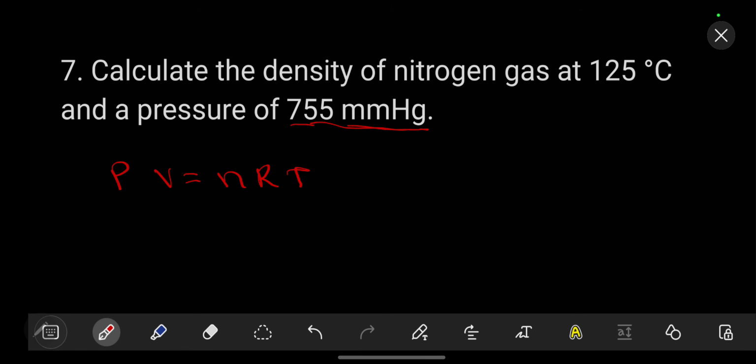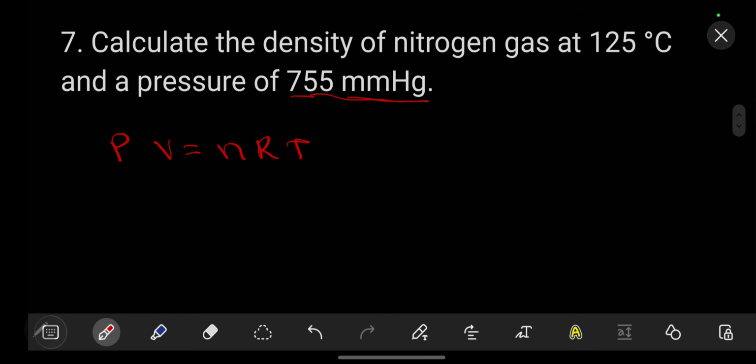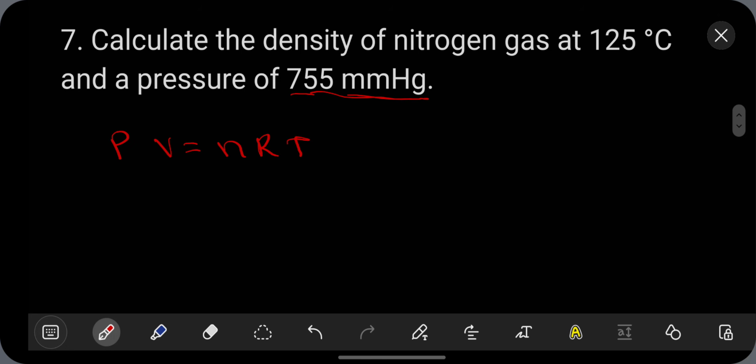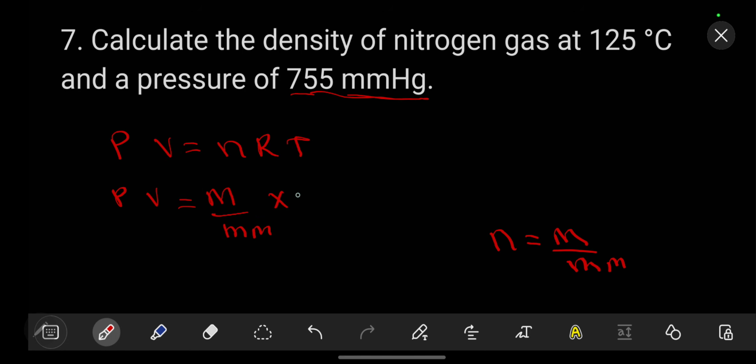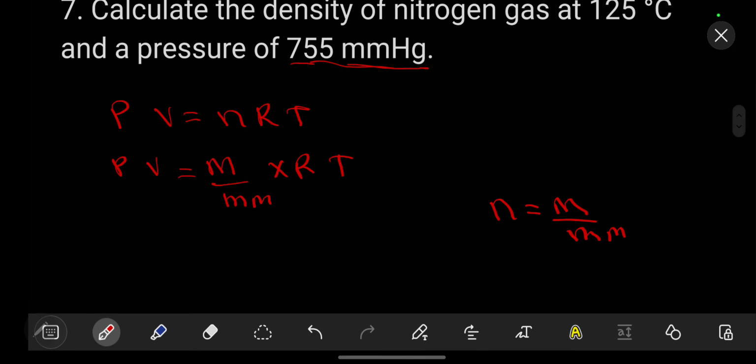We wish to come up with a density, so what are we going to do? We know that the number of moles is equal to the mass over the molar mass. So our pressure times volume should be equal to the mass over the molar mass, then times R times T.